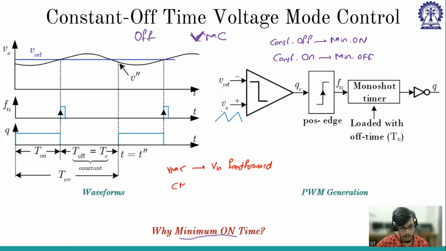And in current mode control, we consider something called load current feed forward to improve the output impedance shaping. So here the issue is poor line regulation, and here it is output impedance, Z out shaping. And it will also make the transient response very fast.